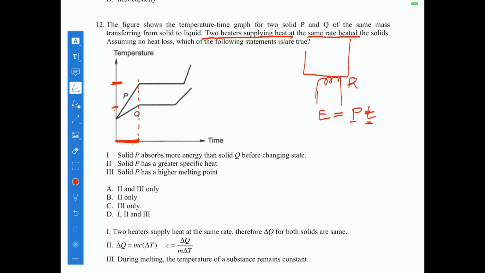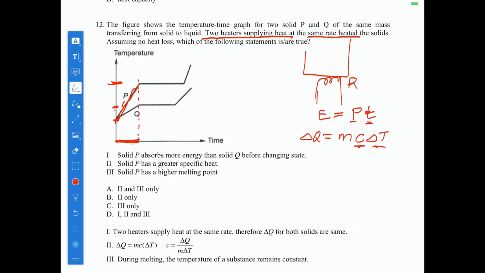But you see, from here to here, the temperature rise of P is more than Q. Why? Because of the same amount of energy, delta Q or E whatever, same mass, mc delta T. If the specific heat is different, the less specific heat, the more change in temperature.